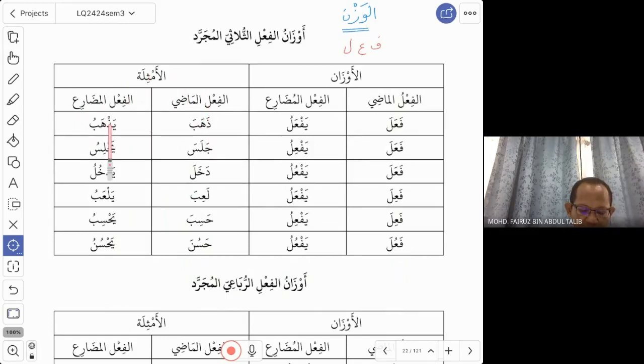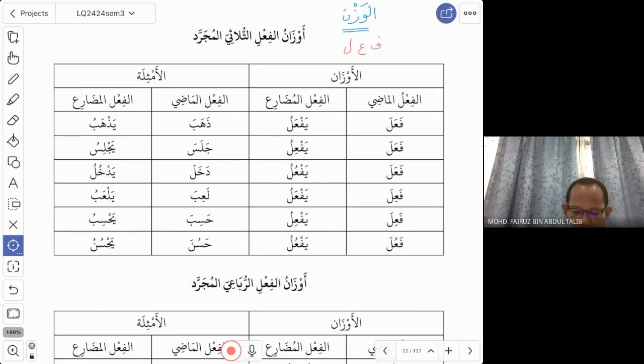So yazhabu, what is the madi? Zahaba. Yajlisu, what is the madi? Jalasa. How do you know this is the madi? You can use the wazan. Yaf'alu. If the mudari is yaf'alu, the madi is fa'ala, or the madi could be fa'ila. So if the fi'il is yajlisu, what is the mudari?